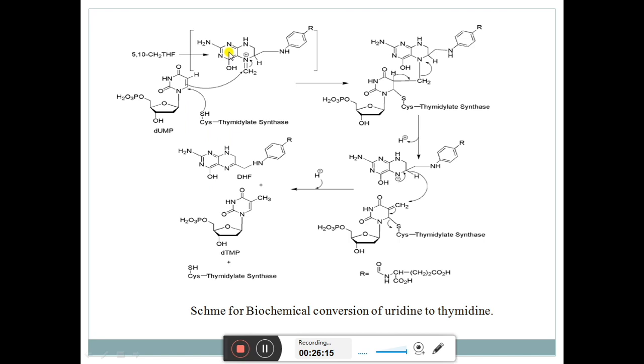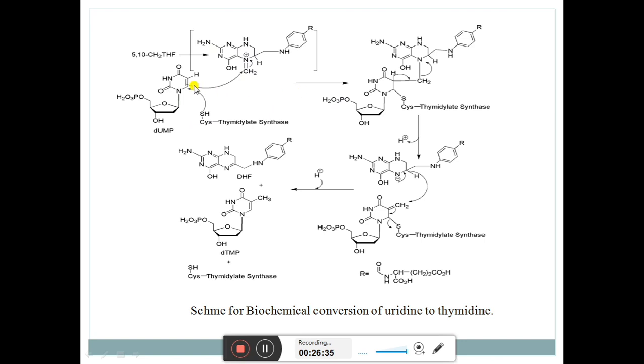What is the role of that cofactor? To add the methyl group. That is the tetrahydrofolate cofactor, which is responsible for addition, or replacement of this hydrogen with the methyl group. So this step we need.